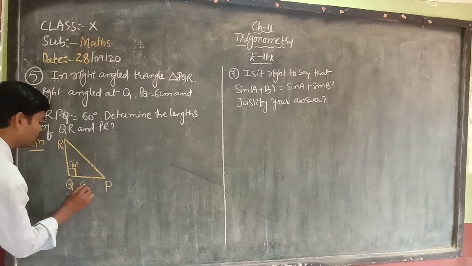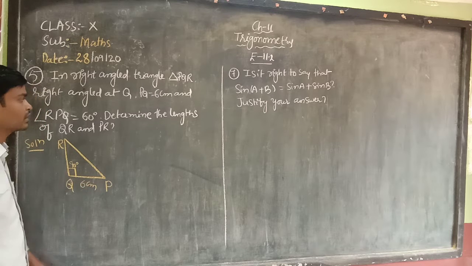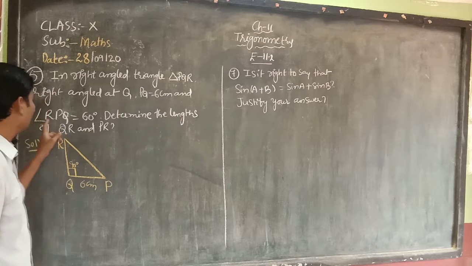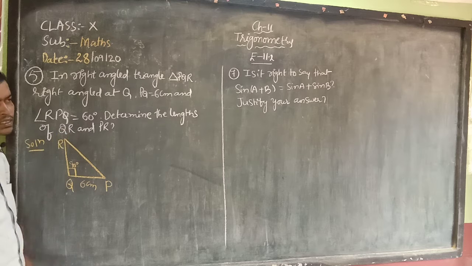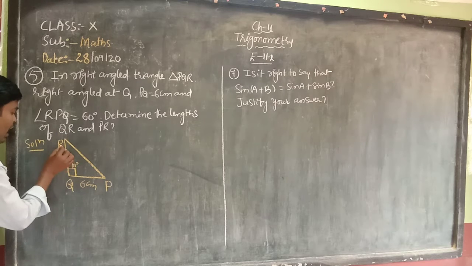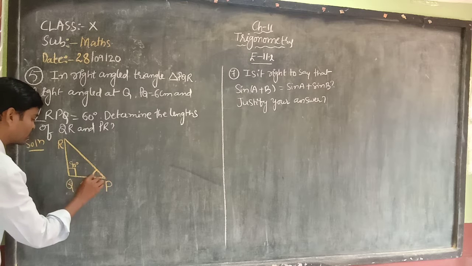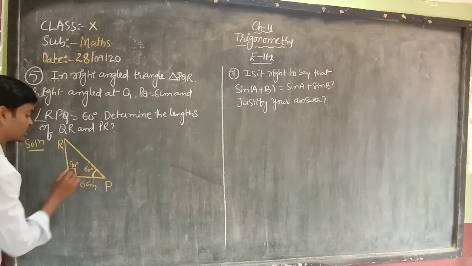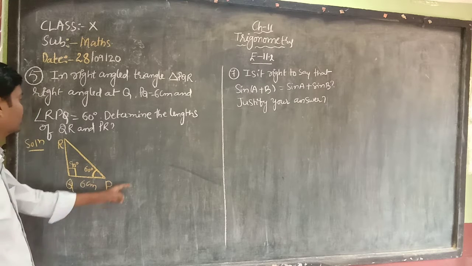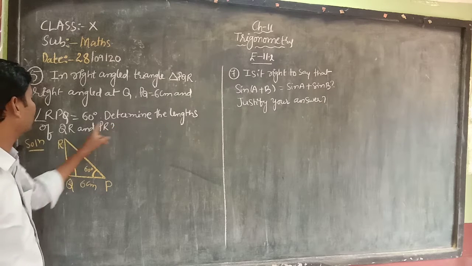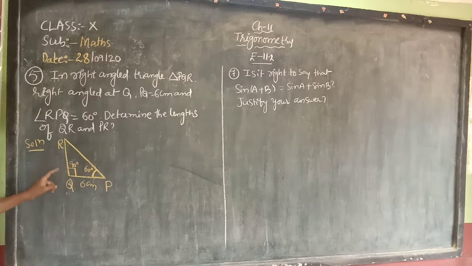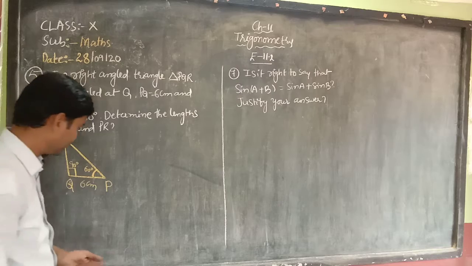This PQ is equal to 6 centimeters, and angle RPQ is 60 degrees. RPQ means this is 60 degrees. Determine the lengths of QR and PR. This QR and PR we have to find.